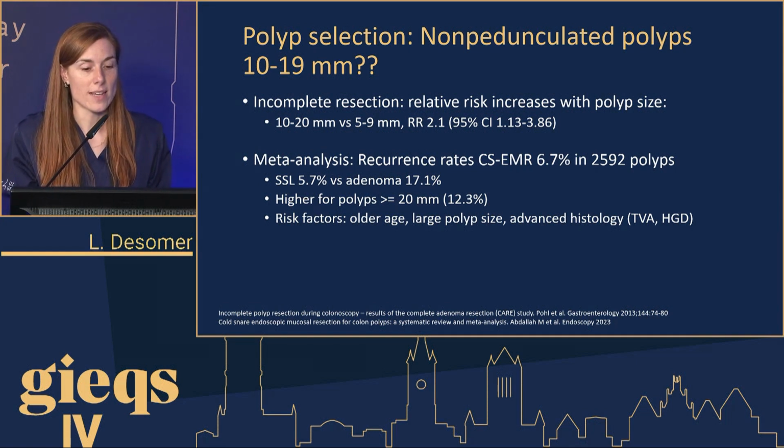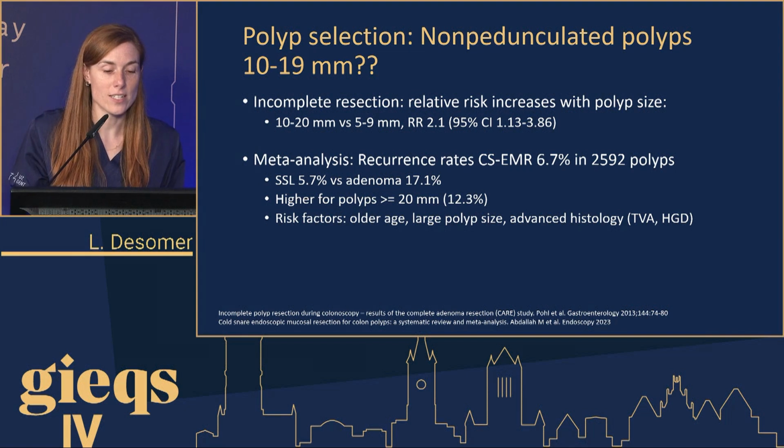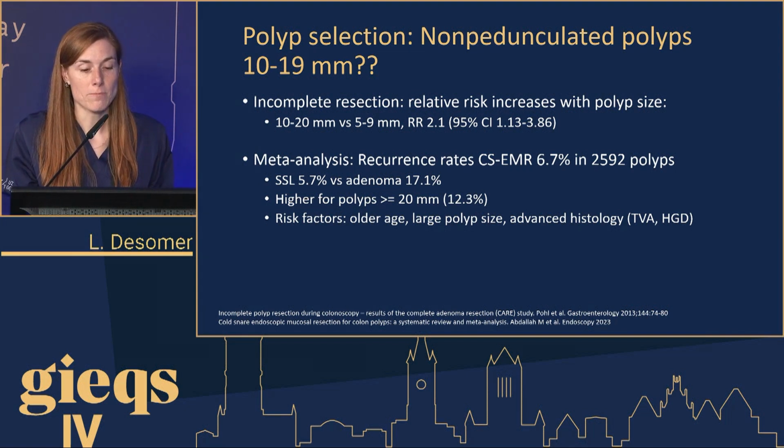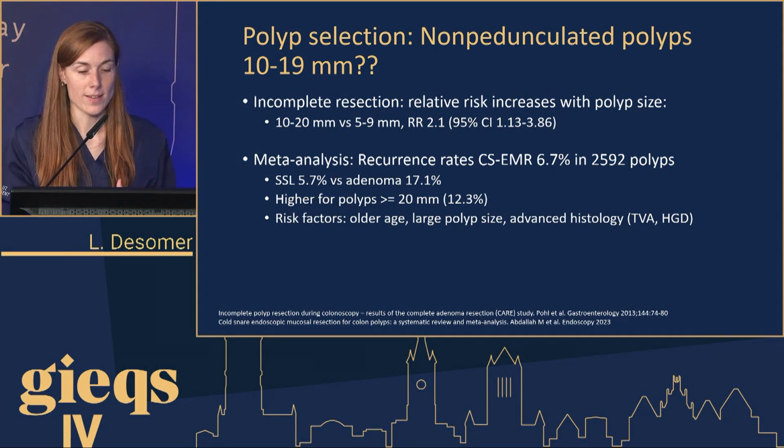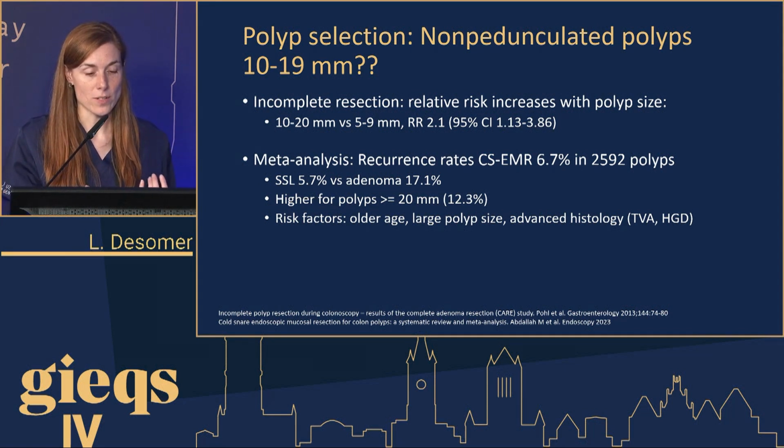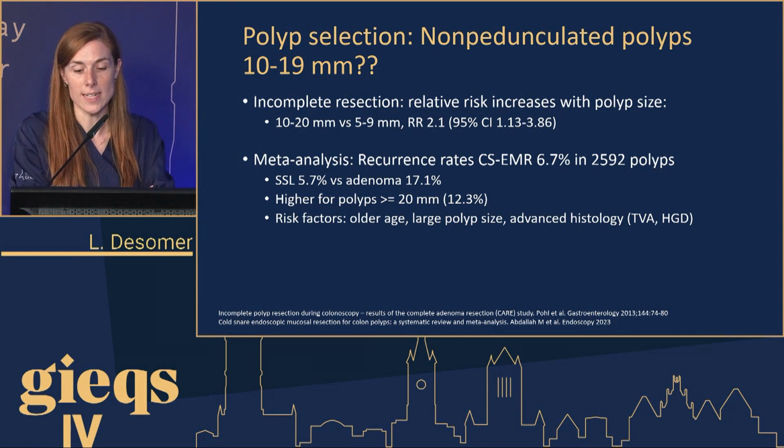And actually, this serrated lesion recurrence rate was lower than the adenomatous rate. The larger polyps are getting, the higher the risk of recurrence will become. And there are some risk factors such as older age, larger polyp size, as I said, and advanced histology that will contribute to the risk of recurrence.